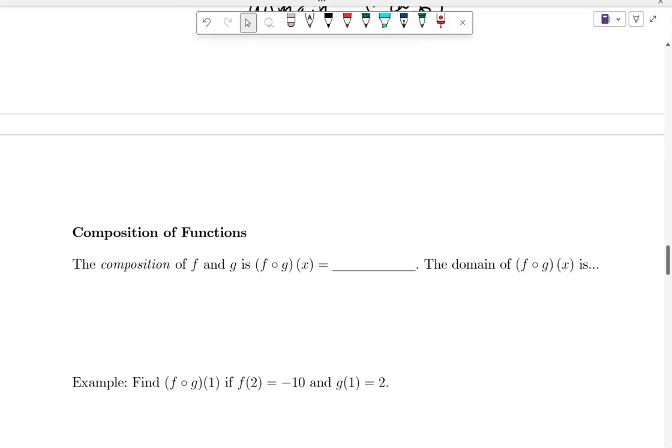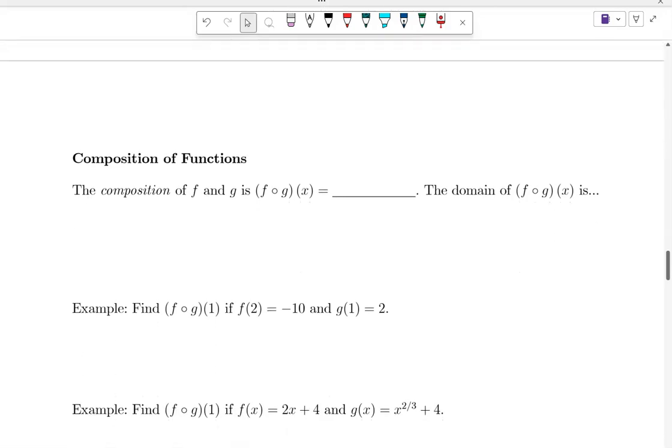All right. The next type of operation we're going to talk about is not an arithmetic one. It's a composition of two functions. To give a physical example of what you might be doing, when you leave the house in the morning, one function you might do is put on your socks.